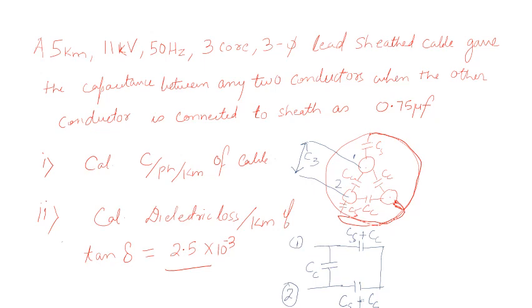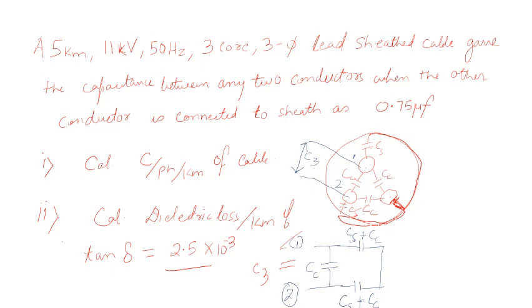Same here, because this conductor is connected to the sheath, so CS and CC are in parallel. So we model it as CS plus CC, CS plus CC, and CS. This capacitance is C3, and C3 is 0.75 microfarad.